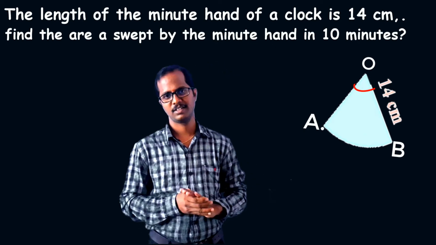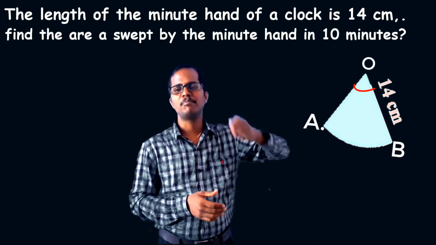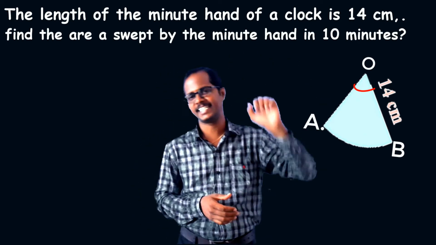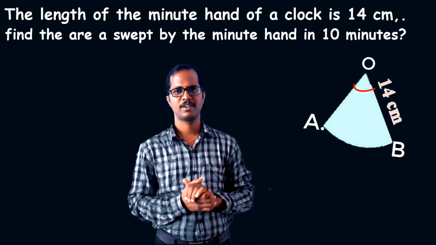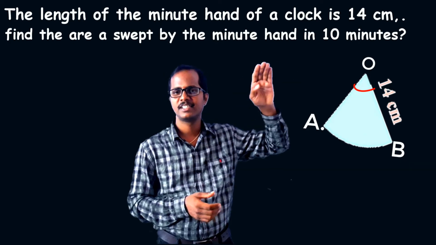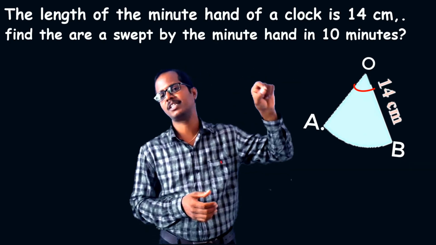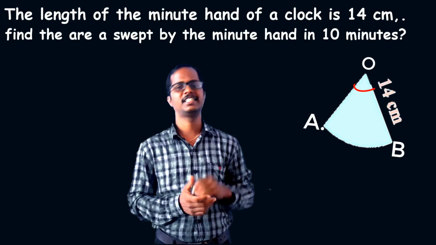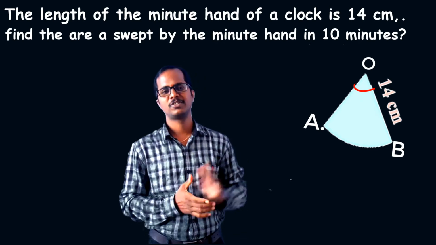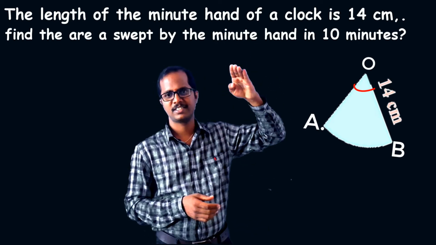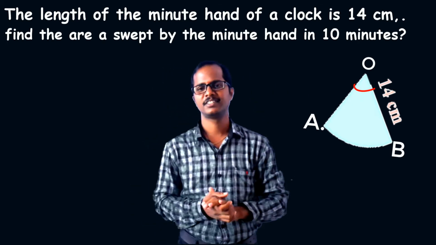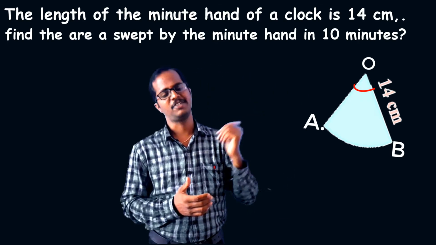How can we find this? The minute hand in one complete rotation makes a 360 degrees angle at the center. So to complete one rotation, how much time will it take? Very good, 60 minutes.